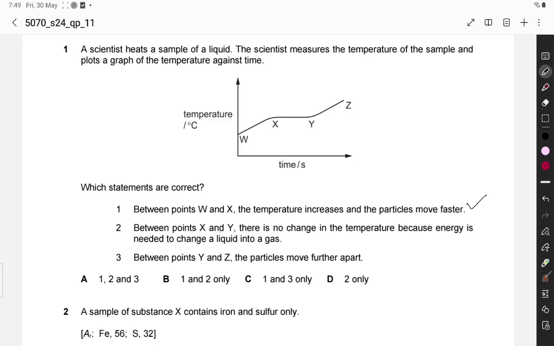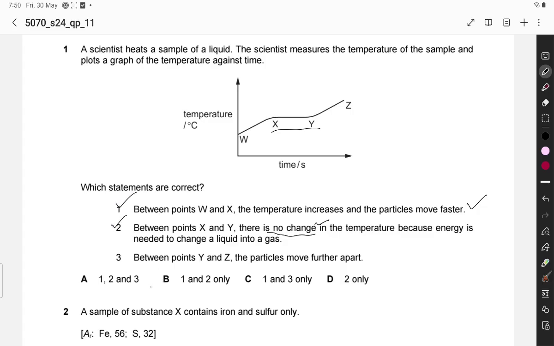Between points X and Y, there is no change in the temperature because energy is needed to change a liquid into gas. Yes, it is correct.